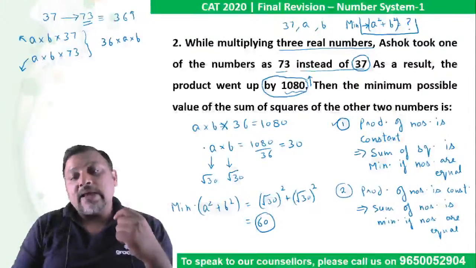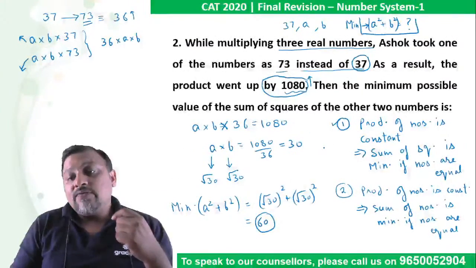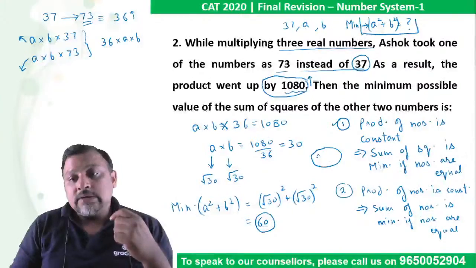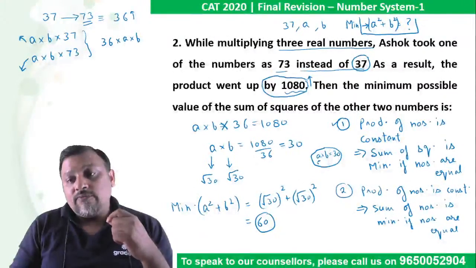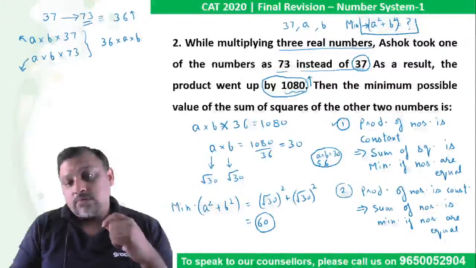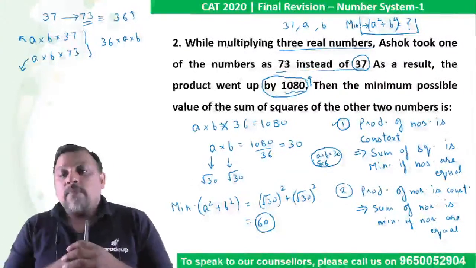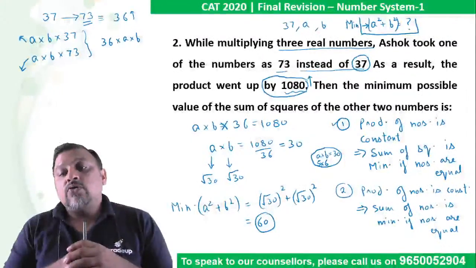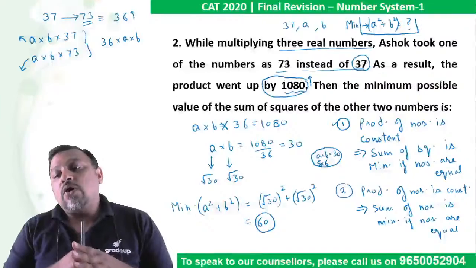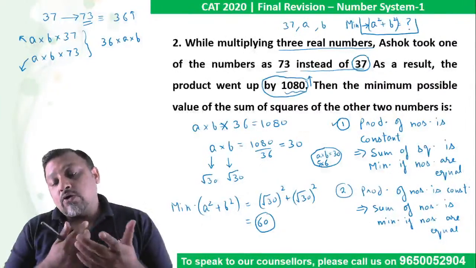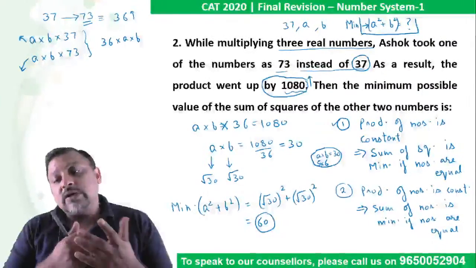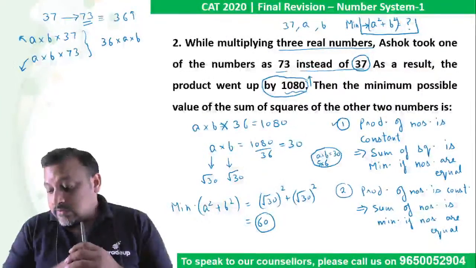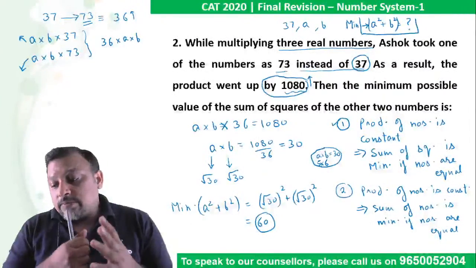In that case, I would have taken the numbers as 5 and 6. A into B, अगर natural number है तो आप 5 और 6 ले सकते हो. We try to minimize the difference between the numbers to get the minimum value of the sum of the squares and also the minimum value of the sum of the numbers. Is this concept clear?